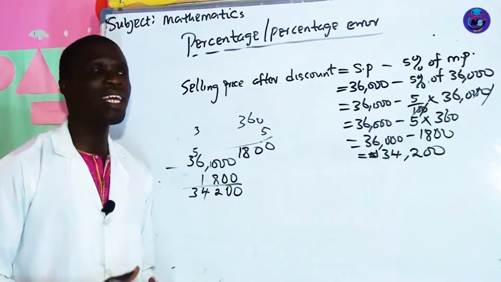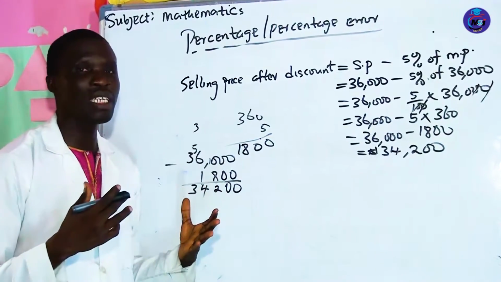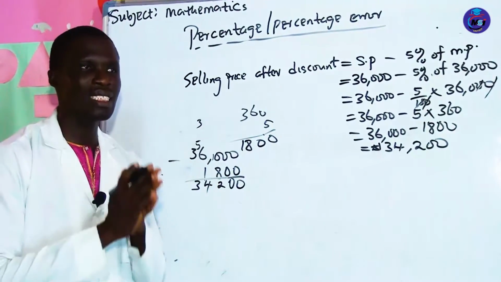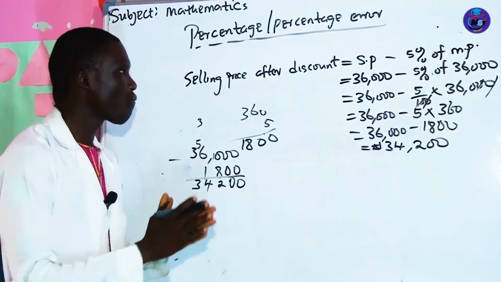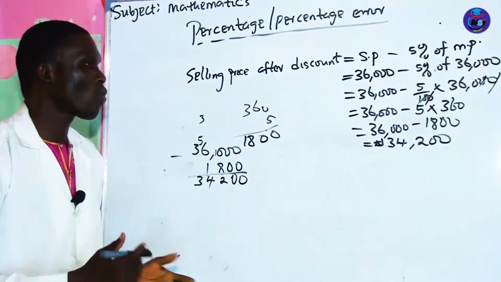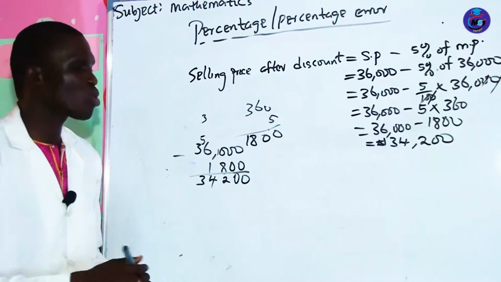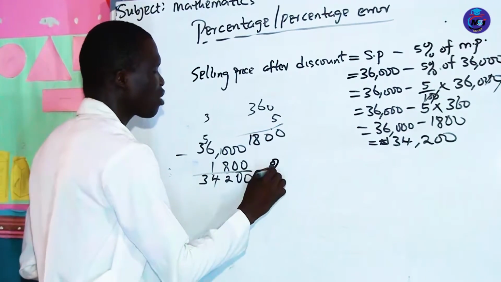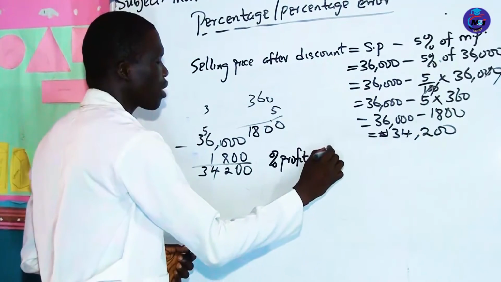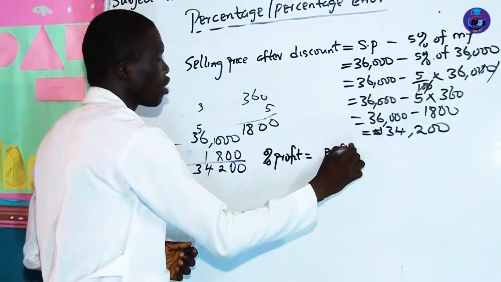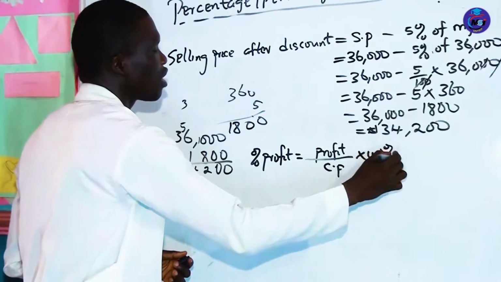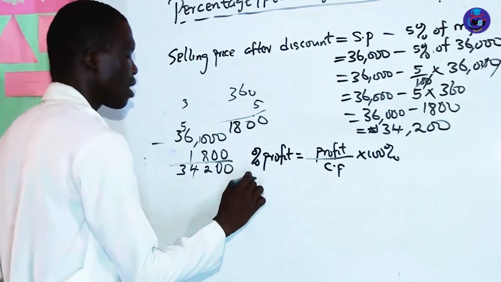Remember, we are finding the percentage profit at the end of the transaction, that is after discount. So what are we going to do? We have to go back to percentage profit equals profit divided by cost price times 100%. So what are we going to get?